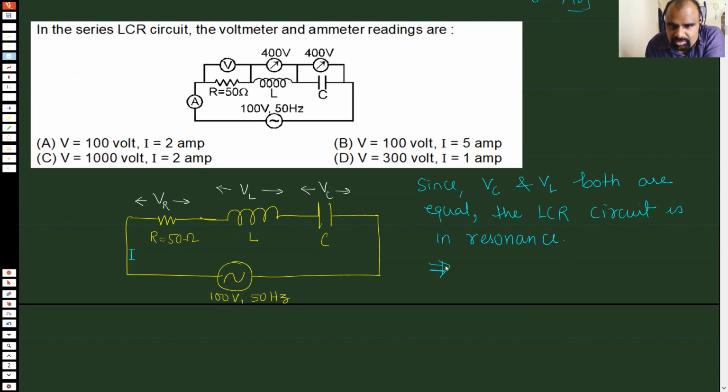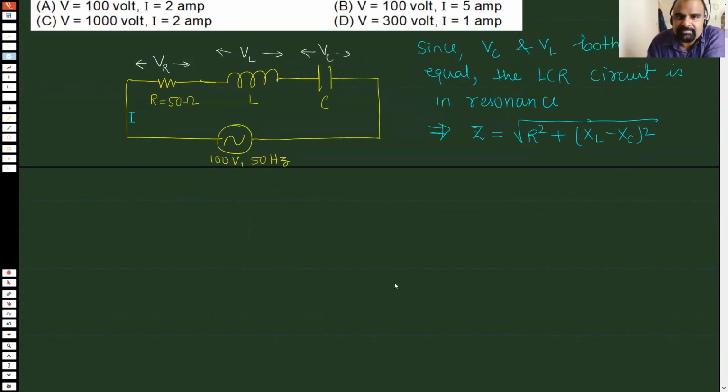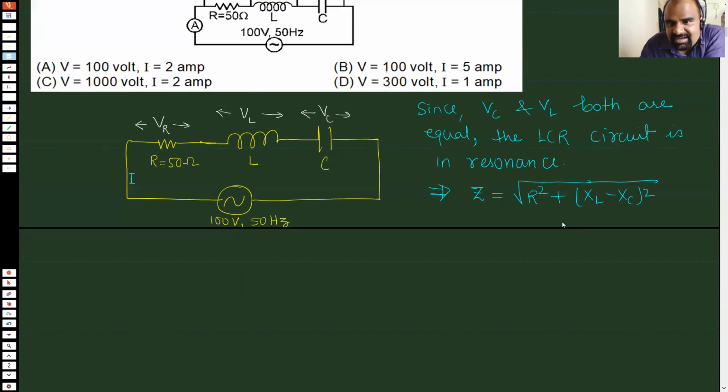So what will be the impedance? The impedance in general is root over R square plus (XL minus XC) whole square. But here XL and XC are equal, because only if XL and XC are equal will VC and VL be equal.